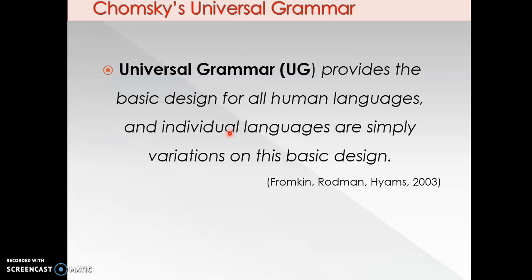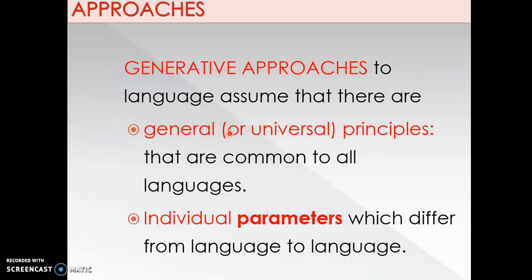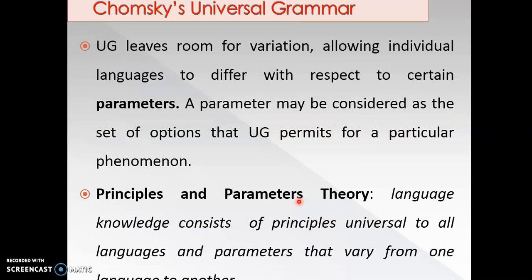So there are many variations, but basically all houses in the world have similar plans. So generative approaches to language assume that there are general or universal principles that are common to all languages, and there are also individual parameters which differ from language to language. Remember the house.